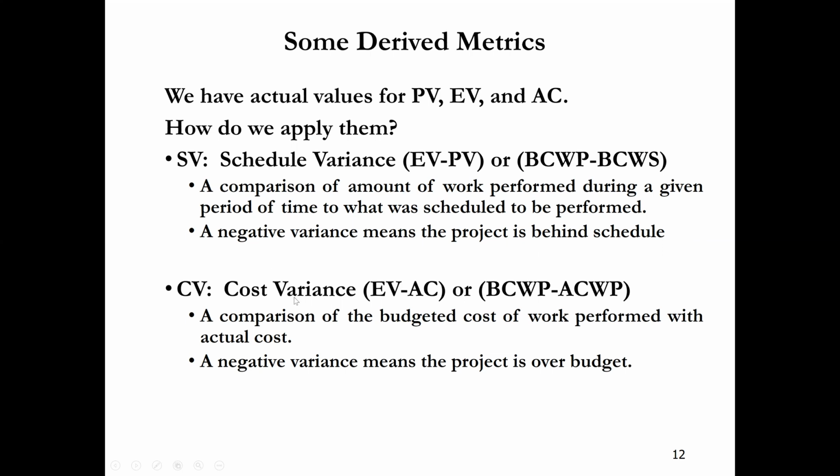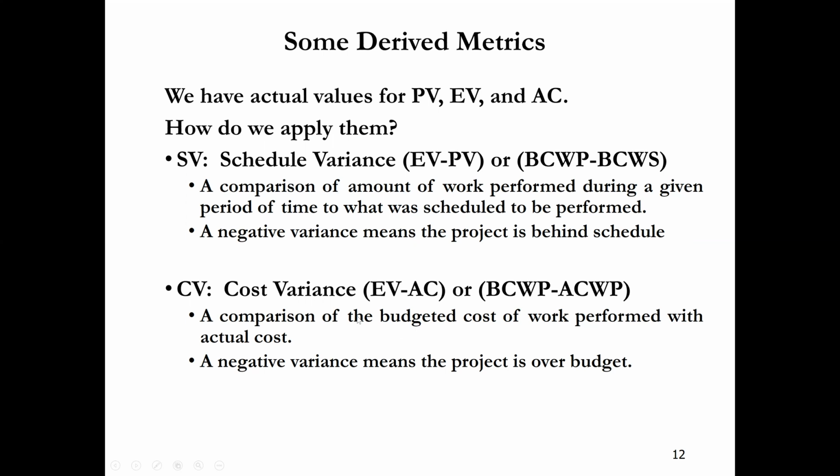Cost variance, CV, is EV minus AC, or the budgeted cost of work performed minus the actual cost of work performed. It is a combination of the budgeted cost of work performed with the actual cost. A negative variance means the project is over budget.